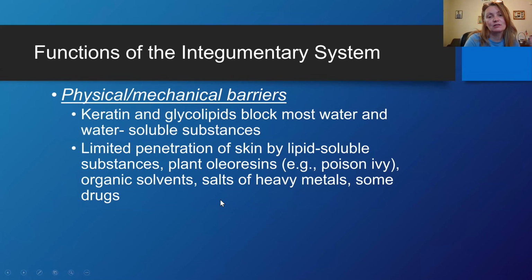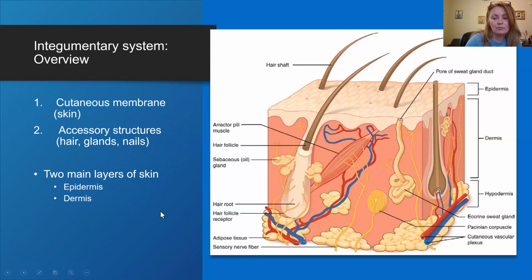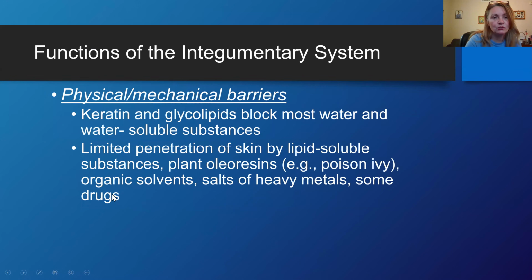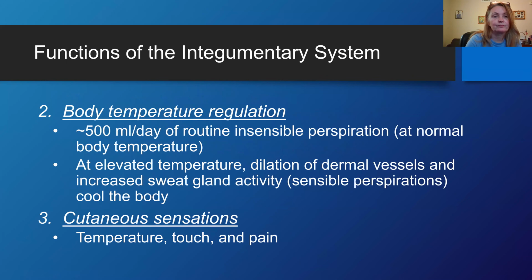It doesn't allow them to freely move inside your underlying tissues, right? So again, when we talk about protection, we have a chemical barrier, a biological barrier, and a physical or mechanical barrier.